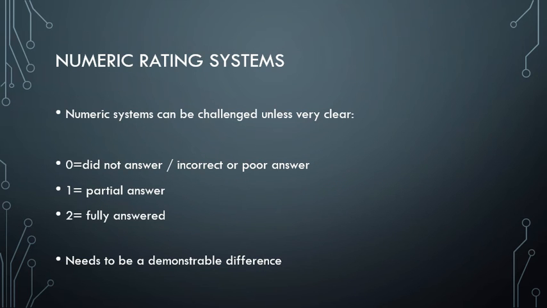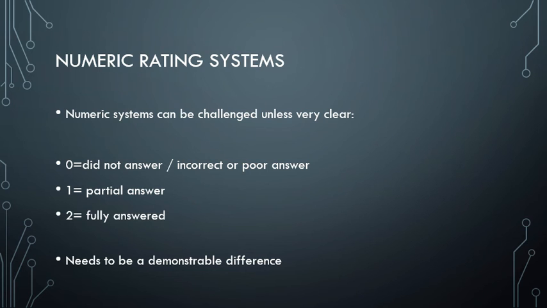With regards to numeric rating systems, and many people like these in order to assess the quality of the interview questions, I suggest using a very simple system if you want to use one, because numeric systems are sometimes challenged in terms of their fairness.